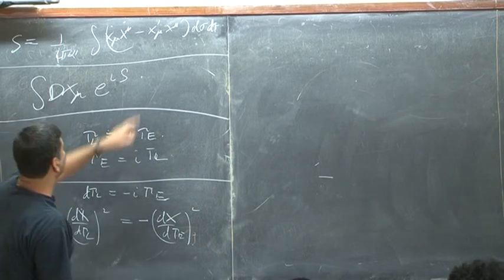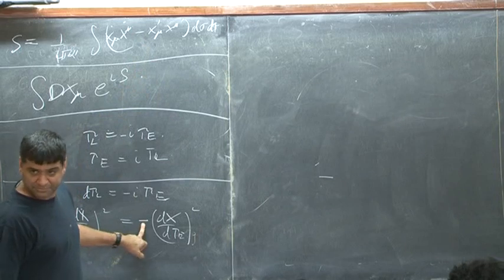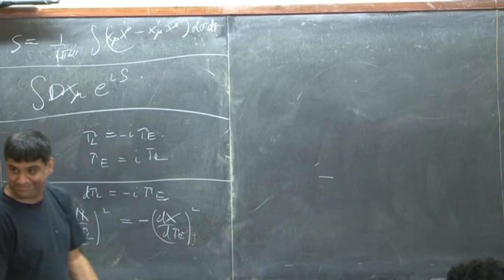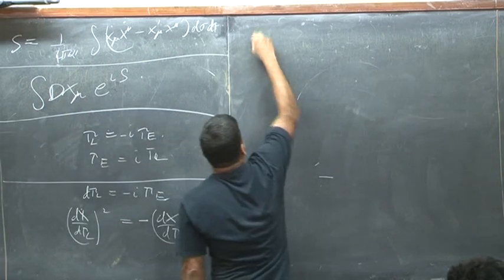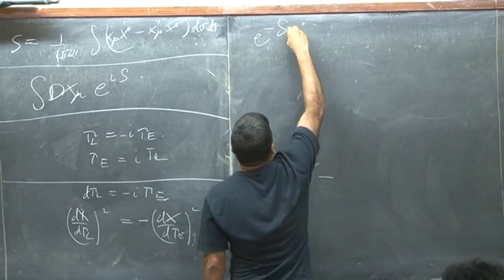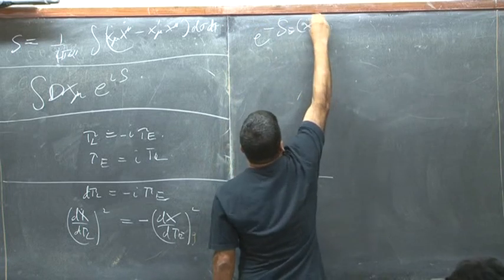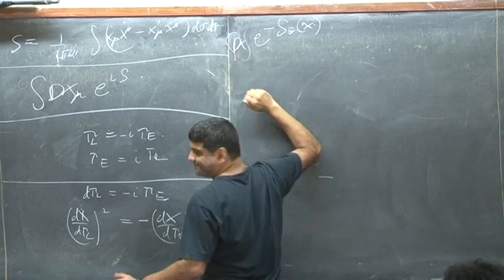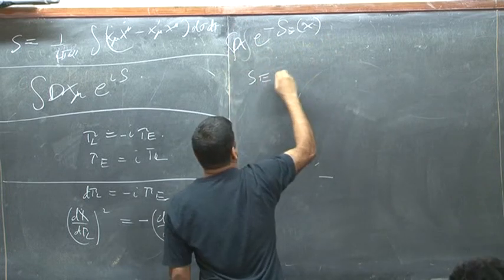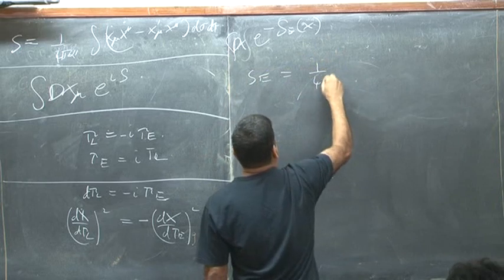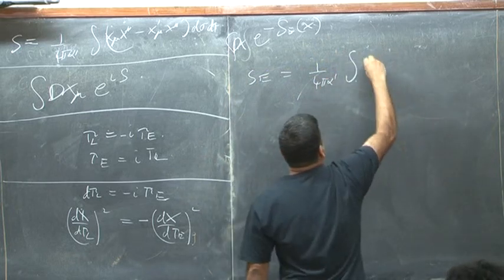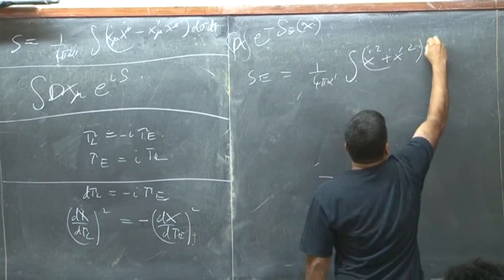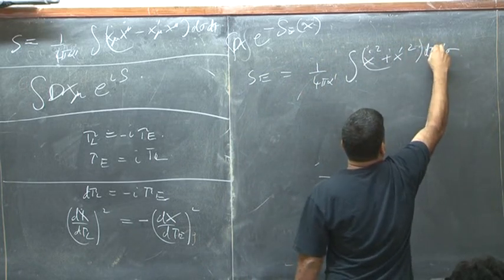Now, there's a minus sign here, we get an extra minus sign from here, and then i times minus i is 1. So our path integral becomes e to the power minus S Euclidean of x, d of x, where S Euclidean is equal to 1 over 4 pi alpha prime times the integral of x dot squared plus x prime squared, d sigma d tau Euclidean.